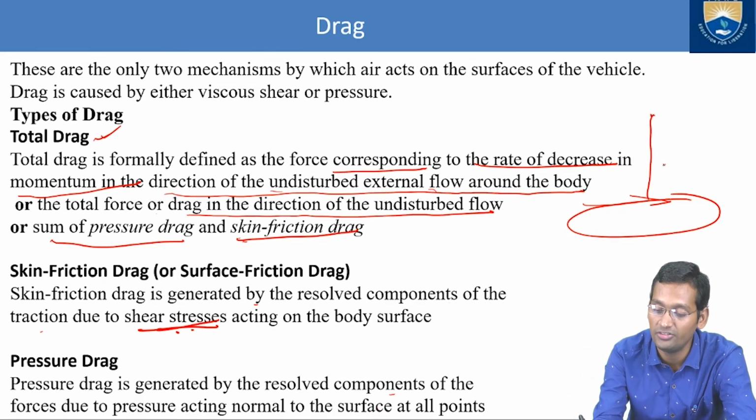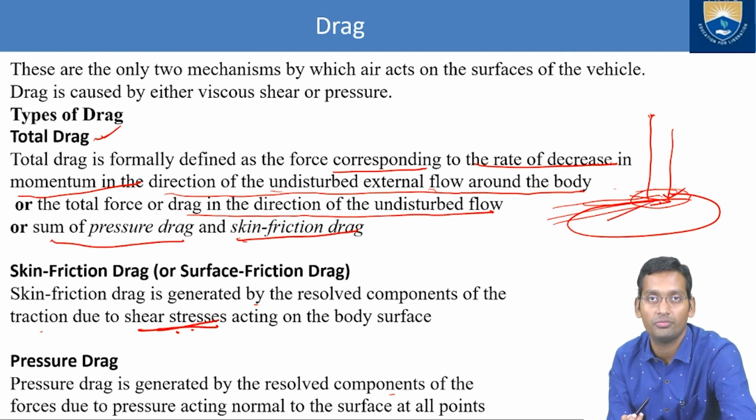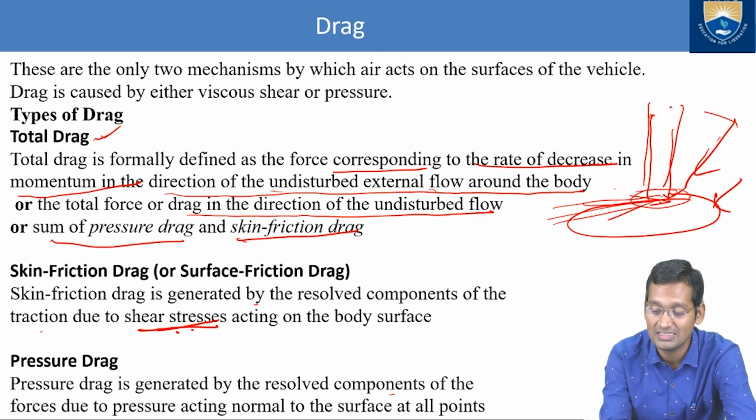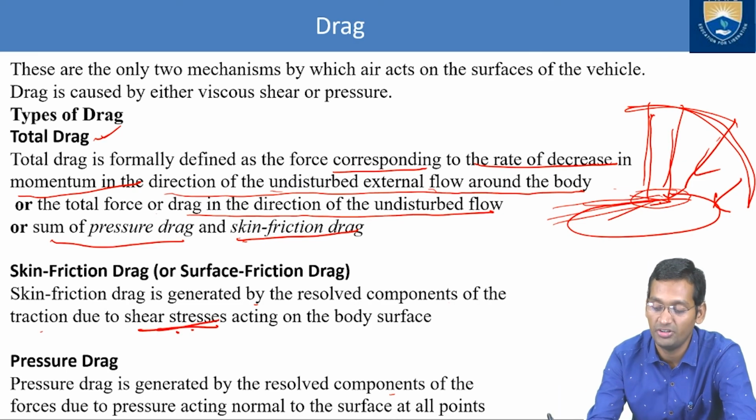Like here, air is hitting like this, so how much pressure they experience here is the pressure drag. It's not always that the air stream comes perpendicular to the surface; some will hit inclined also. So how much pressure they experience because of this air stream is called the pressure drag.